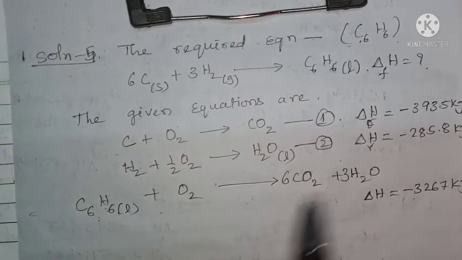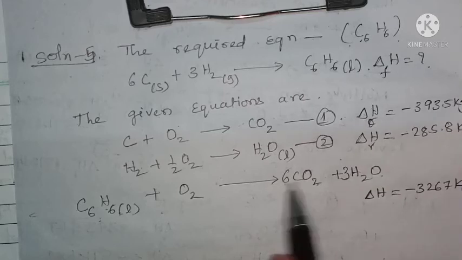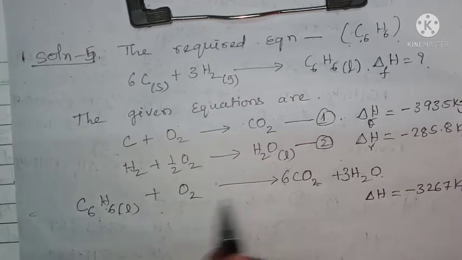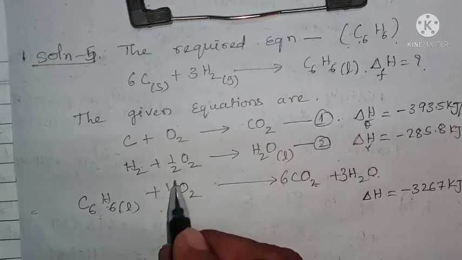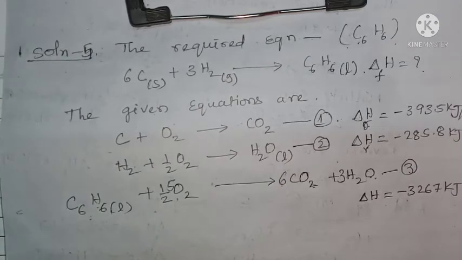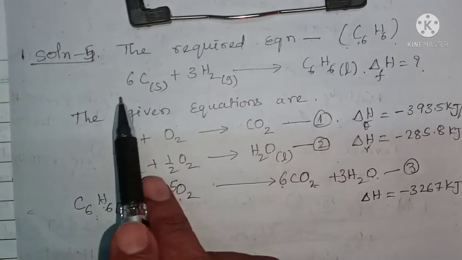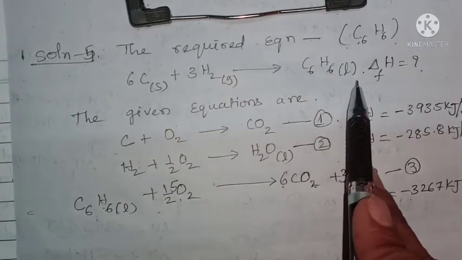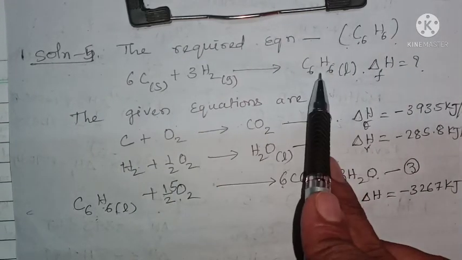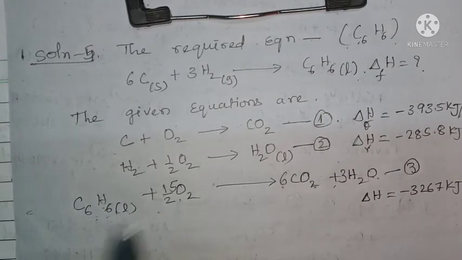Now I have to balance oxygen. 6 twos are 12 plus 3, 15. 15 oxygen atoms are there, so I have to write here 15 by 2. Or you can write here 7.5. Better to write 15 by 2. So this is equation 3. By using these 3 equations, I have to arrive at the required equation. In the required equation, benzene is on the right hand side, but in equation 3, the benzene is on the left hand side.